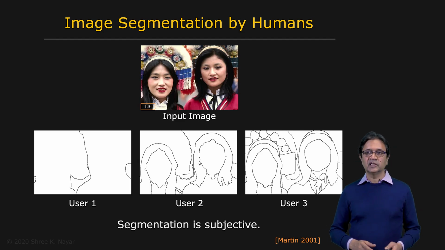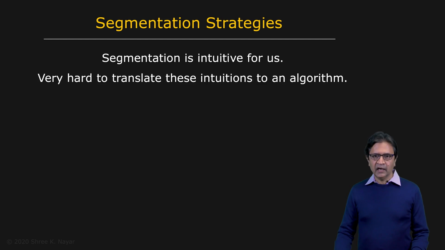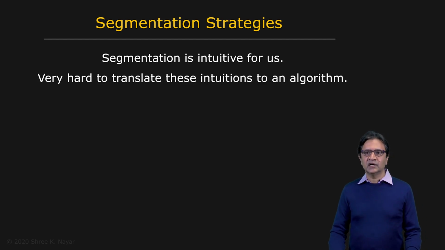So highly subjective. So all this is to say that we use our own intuitions and experience for segmenting images, and it's also very hard to translate these intuitions into a single algorithm. We don't fully understand them, we don't even agree on them.